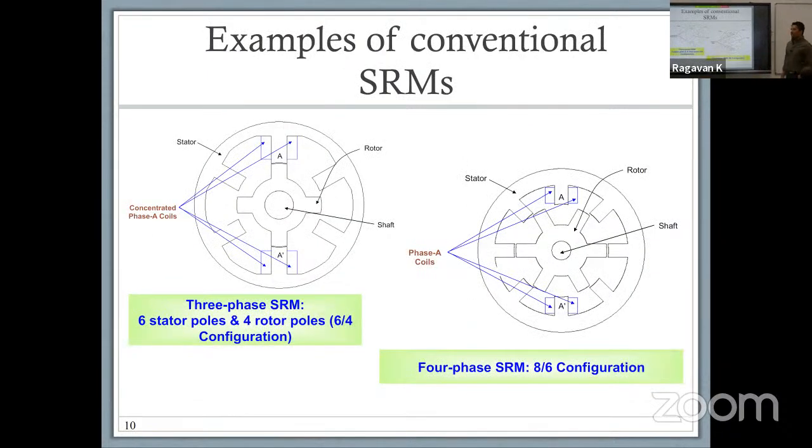This is an example where we have compared what it looks like to have a 3-phase and a 4-phase switch reluctance machine. Both of them have concentrated coils. They both have individual phases that are excited. This is an 8x6 configuration, 8 teeth on the stator, 6 teeth on the rotor.